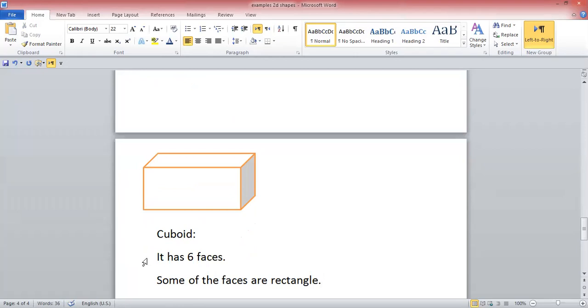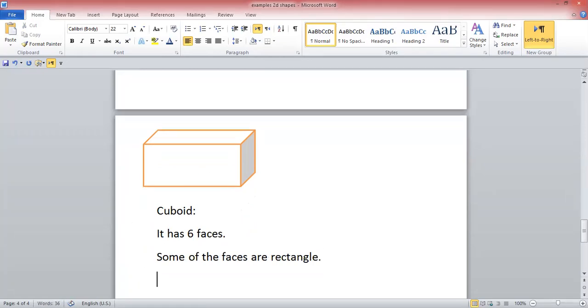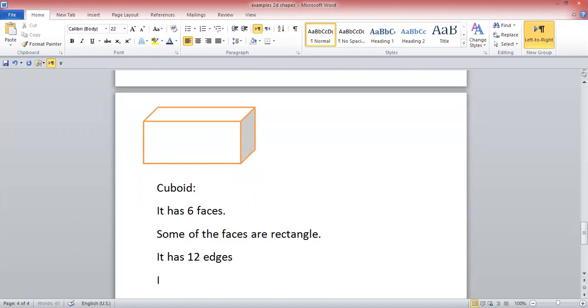Some of the faces are rectangles. And it has 12 edges, and it has also 8 vertices. This is about cuboid.